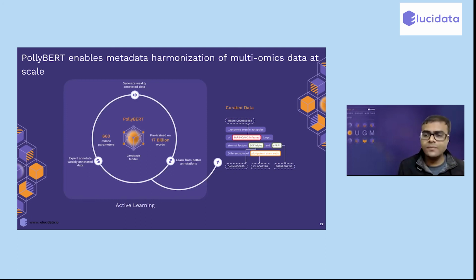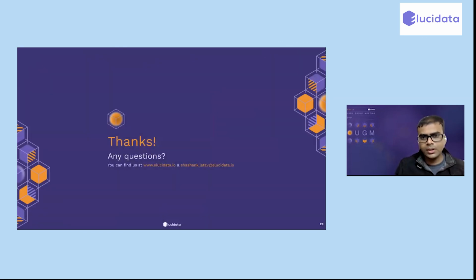We have done this for some fields. We believe that we can do better on those fields as well. In order to add new fields, we'll have to do better on active learning as well, right? So this is a key piece of technology which enables us to do this at scale. So this is all about curation so far, and I'm happy to take questions.